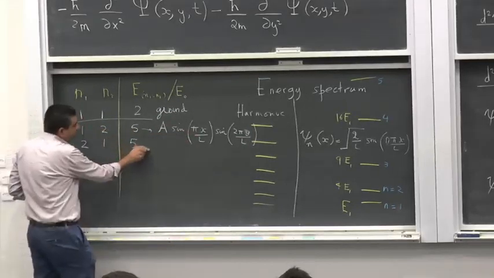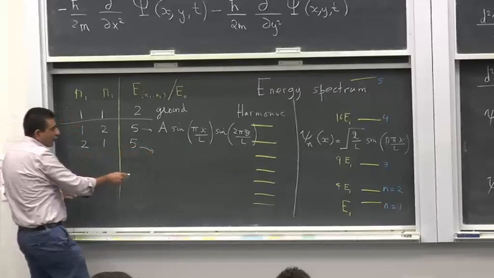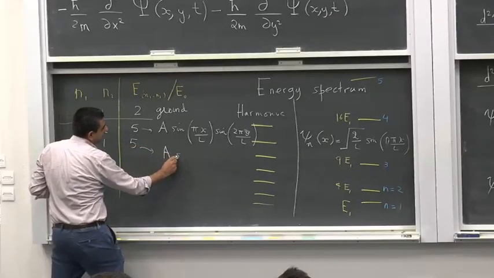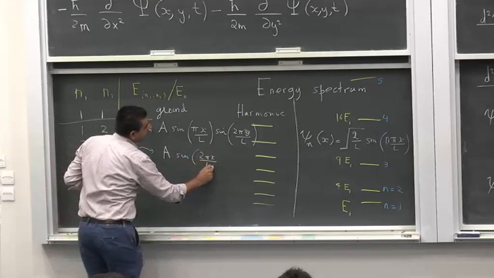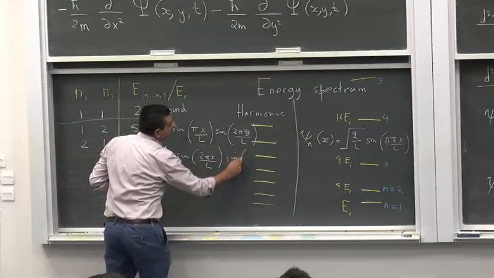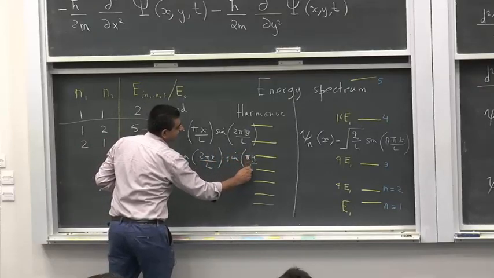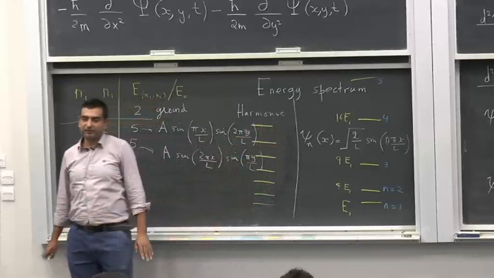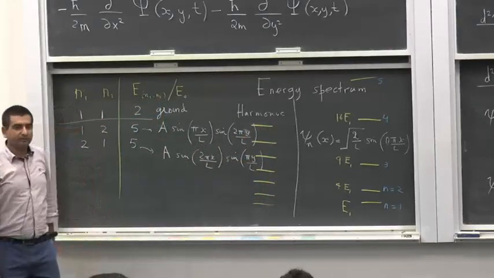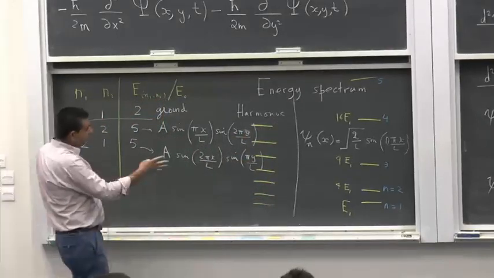Whereas the wave function corresponding to this combination of quantum numbers is given by A sine of 2 pi x over L sine of pi y over L. And I'm ignoring the time dependent factor for the time being, because I'm just writing down the spatial part of the wave function.